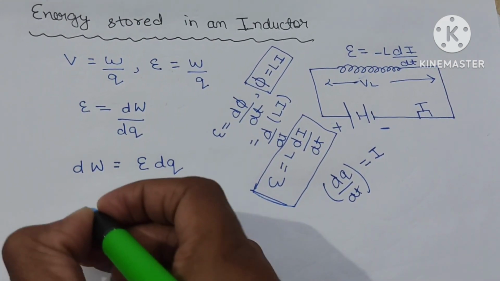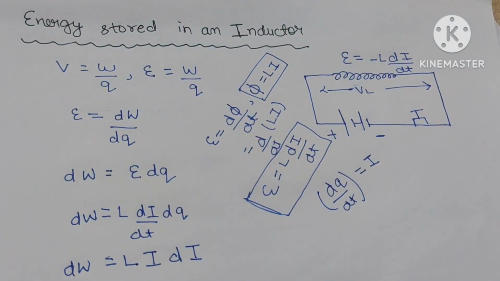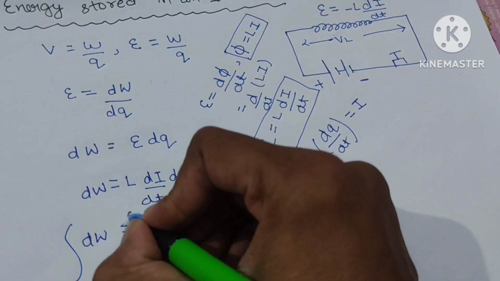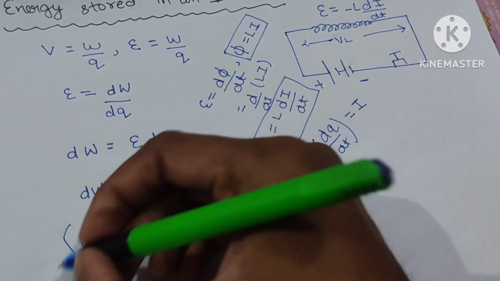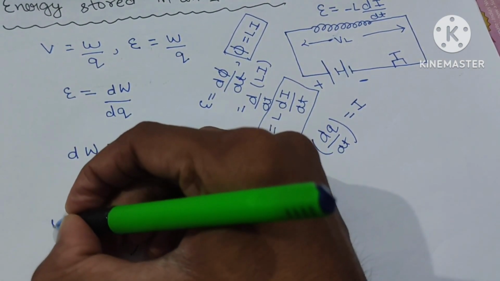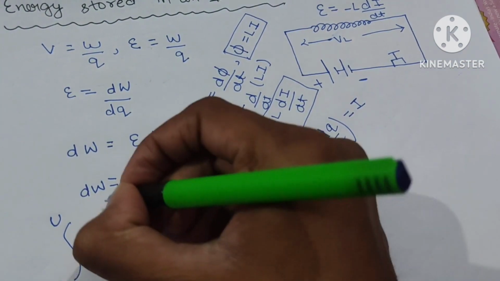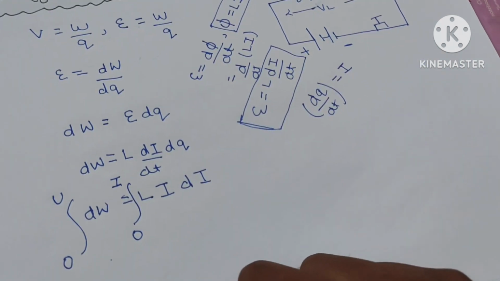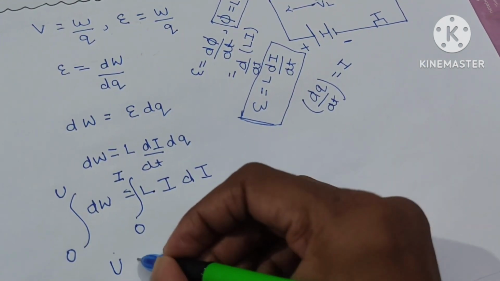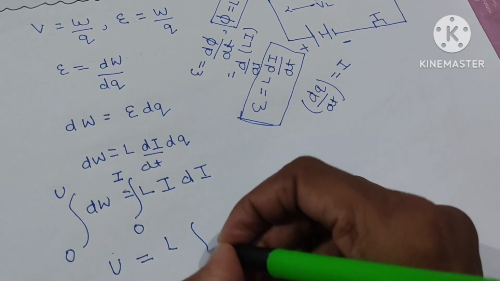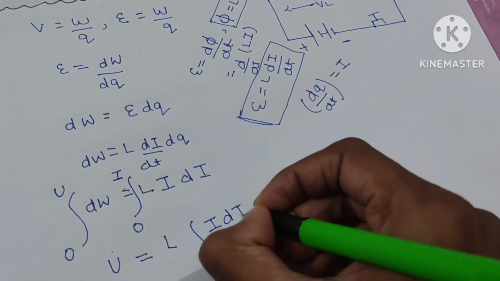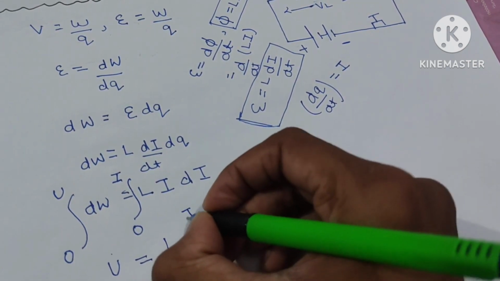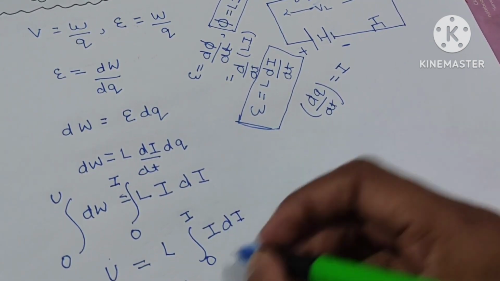Now integrate both sides. Okay, now what we'll do, we'll integrate both sides, and it will become, we'll take it from 0 to U and here 0 to I. Now it has become a definite integral. Okay, so U equal to integral of L I dI. Now what is the integration of I dI?